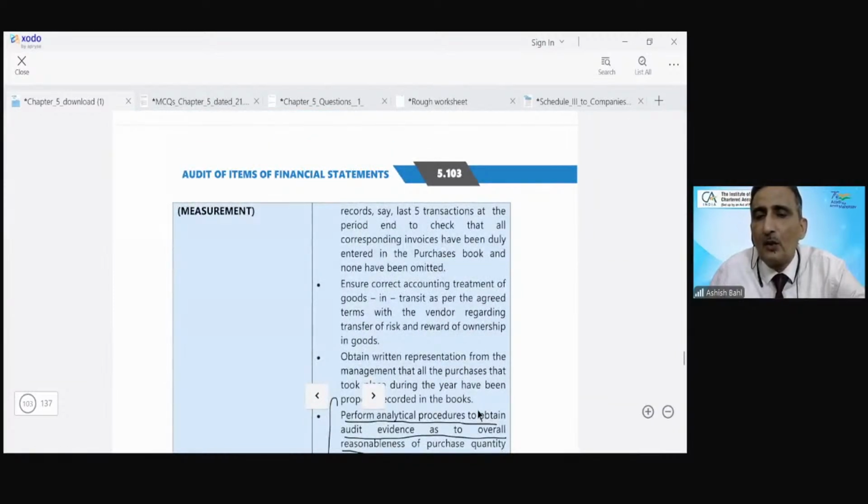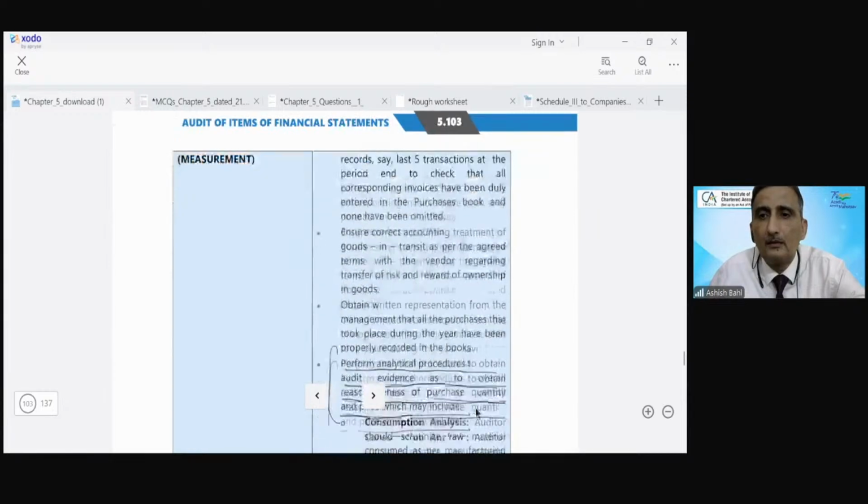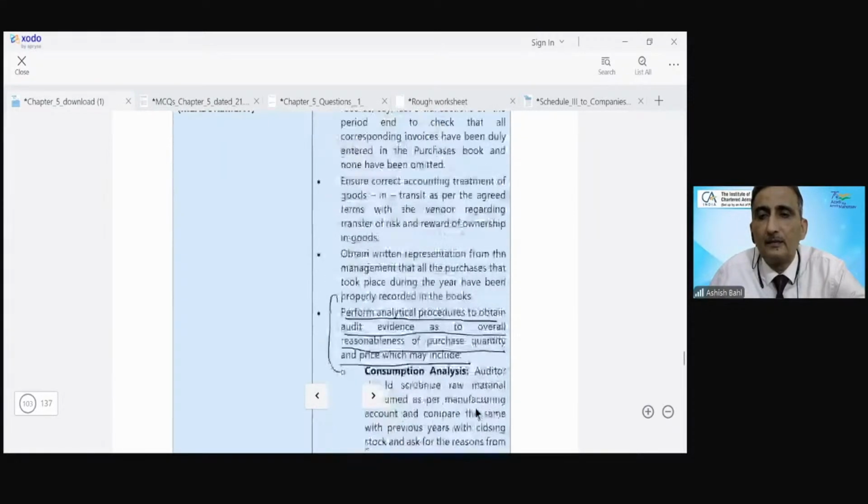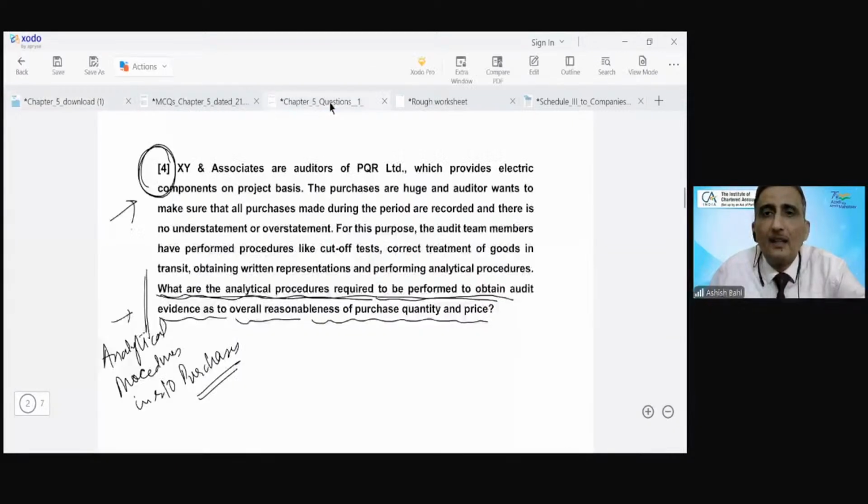Yes, Tambeshwari, you can talk to me on Zoom if you want to. Sir, I am only asking which format the answer should be written in. So you would start the question like this: you would state the following are the analytical procedures required to be performed to obtain audit evidence so as to overall reasonableness of purchase quantity and price.